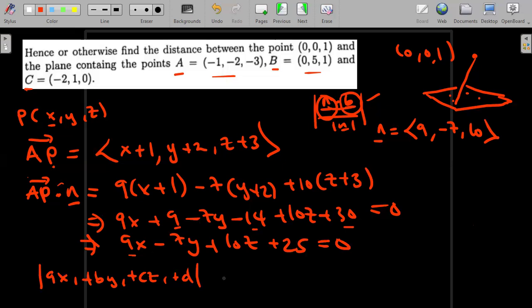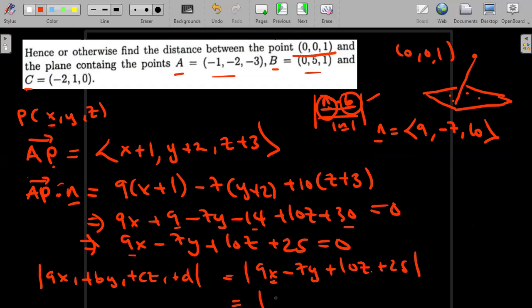So now we can replace that, which is 9x minus 7y plus 10z plus 25. Then where there is x, you replace the point which you were given in the question. Hence, they're saying find the distance between the point. So the point you're given, that point is what you replace where there are values here of x, y, and z, like that.